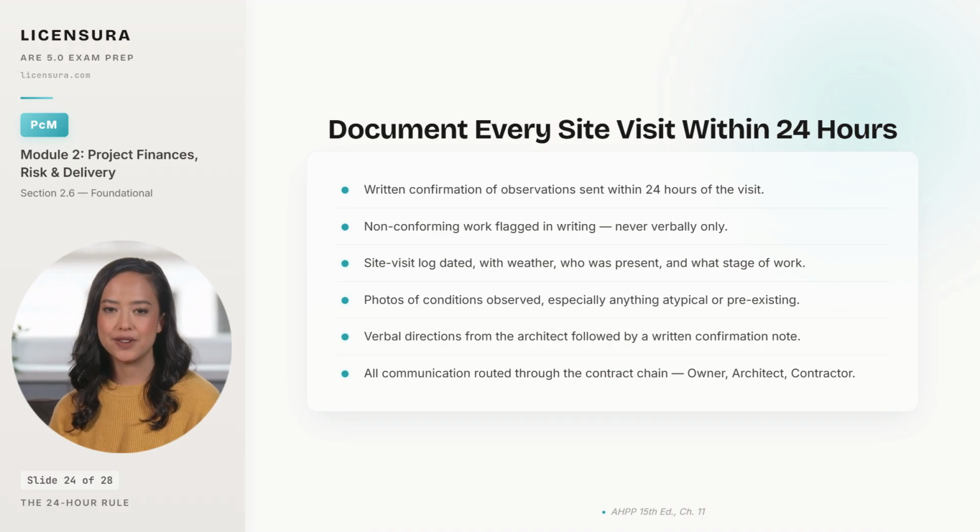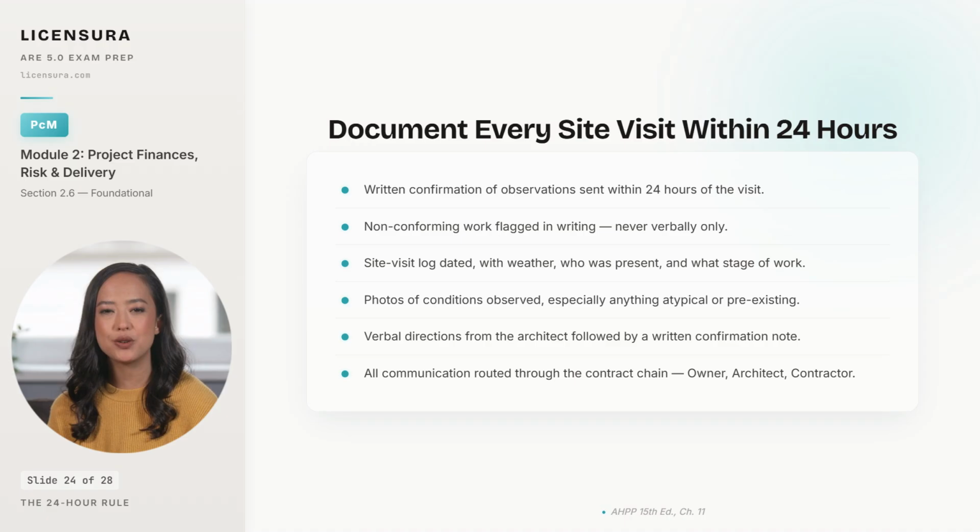Third, your site visit log carries the date, weather, attendance, and the stage of work. Context a later claim review will scrutinize. Fourth, photographs of observed conditions are part of the record, especially anything atypical, pre-existing, or potentially defective.